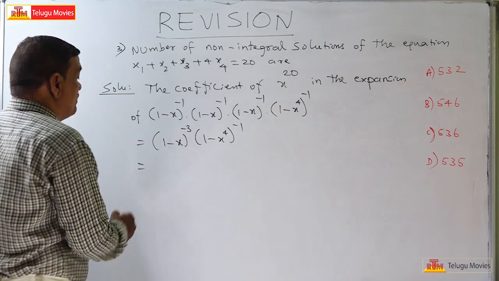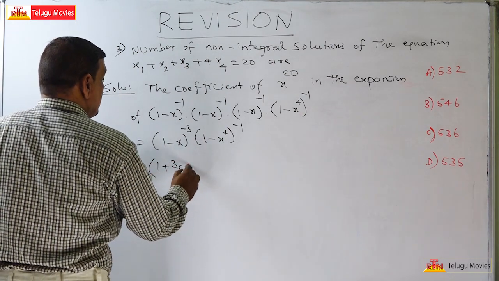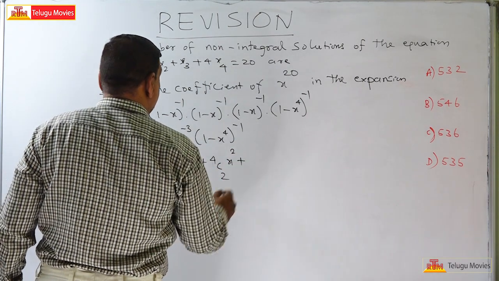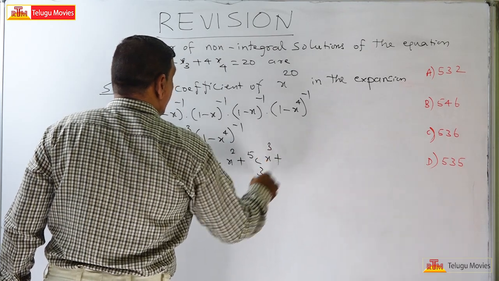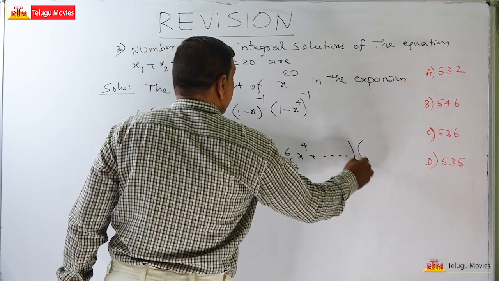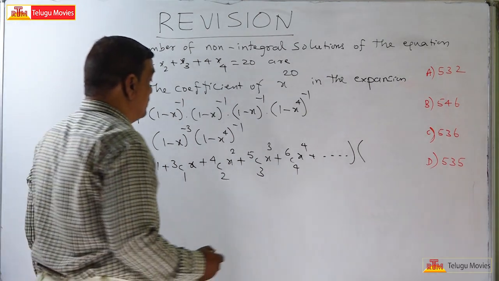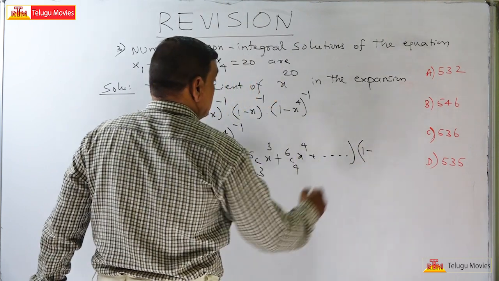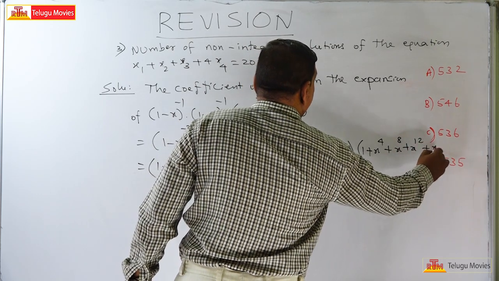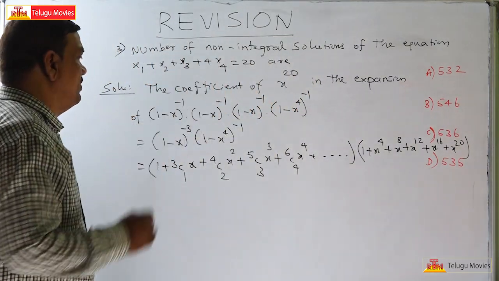This expansion is given by 1 plus 3c1 into x plus 4c2 into x square plus 5c3 into x cube plus 6c4 into x power 4 plus so on to infinity. Now the expansion of (1 minus x^4)^-1 is given by 1 plus x to the power of 4 plus x power 8 plus x power 12 plus x power 16 plus x power 20, and so on.